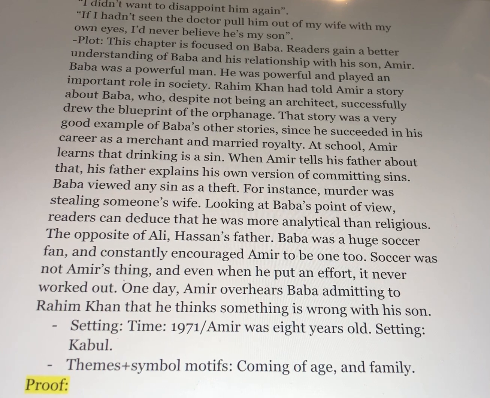They had different sets of beliefs and they came from completely different backgrounds, so it made sense. Ali was a poor Hazara who was uneducated, and his work was basically labor, while Baba's work was being a merchant, it was business, and he was a very rich man, and he was a Pashtun, and the Pashtuns were often more respected in Afghan society.